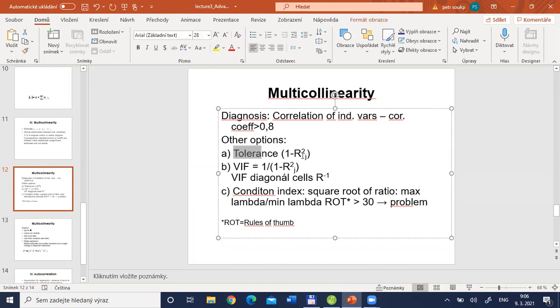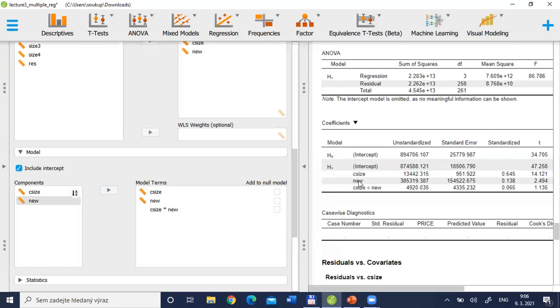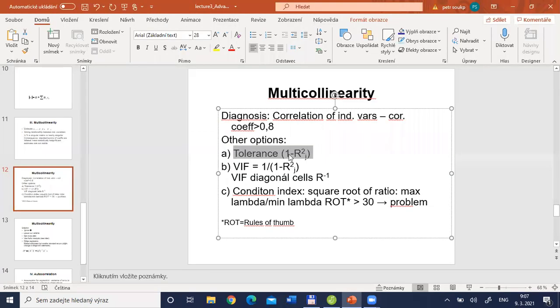First of all, a brief description of these tools. Tolerance means that I would take one independent variable. For example, in my case, I would take the new variable, and I would compute regression with the new variable as dependent and C size as independent. And I would compute R squared, the coefficient of determination for this regression. And 1 minus this R squared is called tolerance. And the reversed value, 1 divided by tolerance, is called VIF.